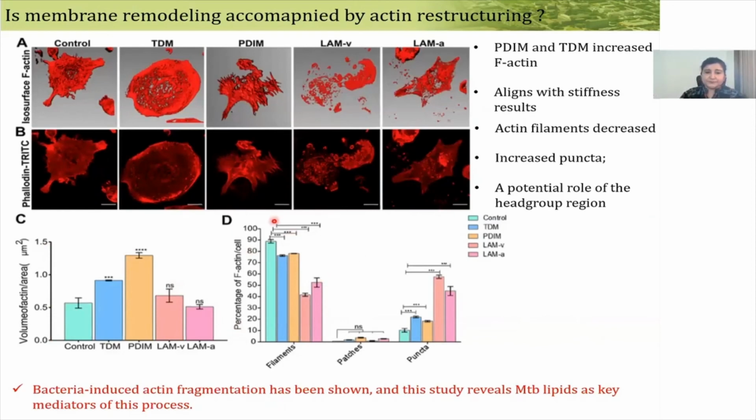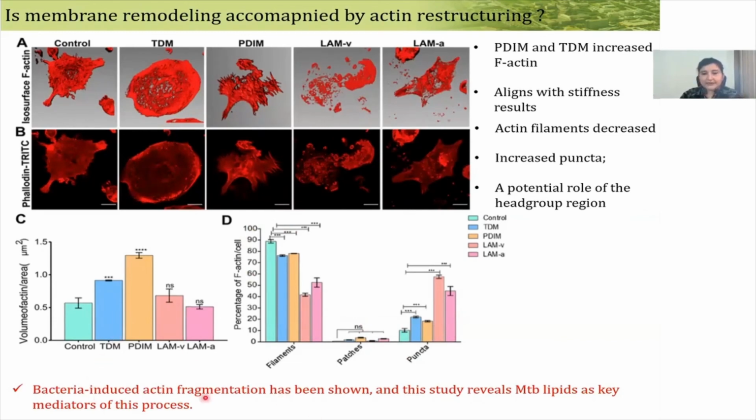For example, in normal conditions, these cell types exhibit three kinds of actin morphologies: filaments, puncta, which are these small dots, or patches, which you can see here. And we found that when the cells are incubated with these mycobacterial glycolipids, these different actin morphologies redistribute in different amounts.